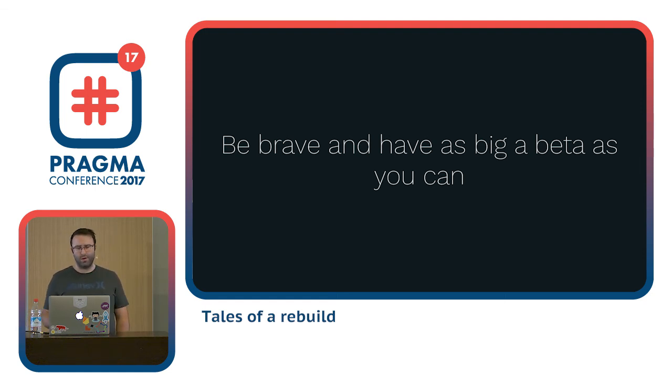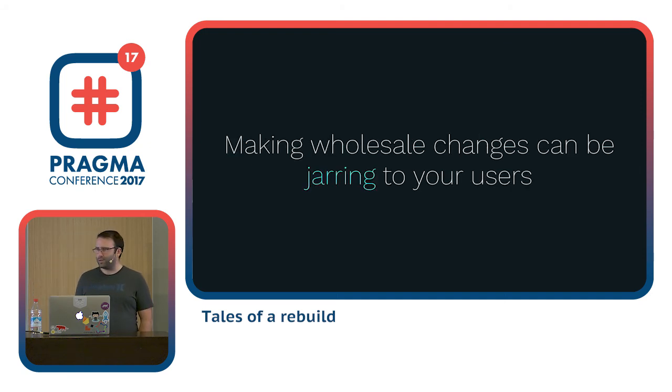And so when it comes to hearing feedback, it's really hard to distill whether that's noise, whether that's someone that just doesn't like what we're doing, or whether it's actually a bug, or whether we've completely missed the boat on something. So signal versus noise was a really big problem. But making wholesale changes like we did is super jarring for our users.